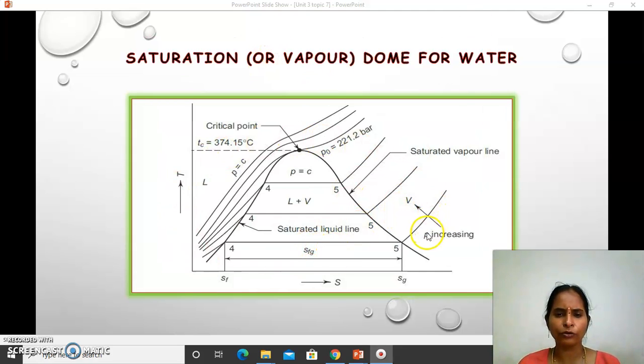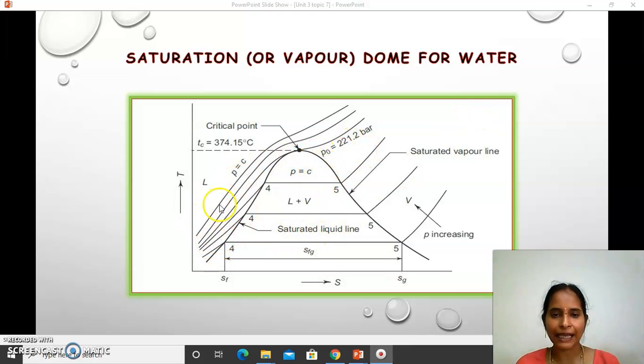Here the full view is given in TS coordinates. This is SF, the entropy of the saturated fluid, this is the saturated vapor, and this is the difference SFG. This SFG term, the difference between gas and fluid, is also given in the steam tables. The other things are well known to you.